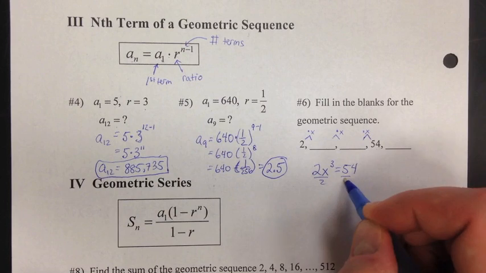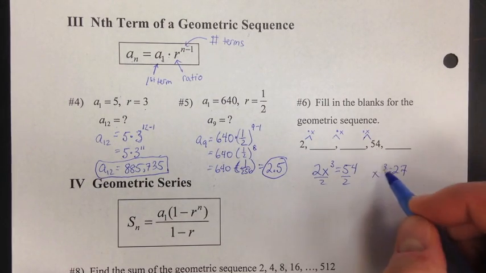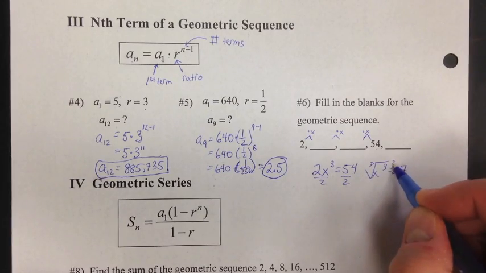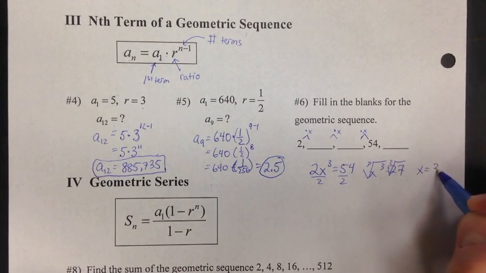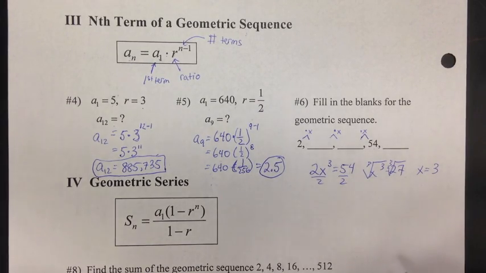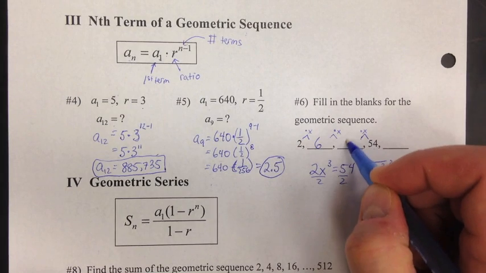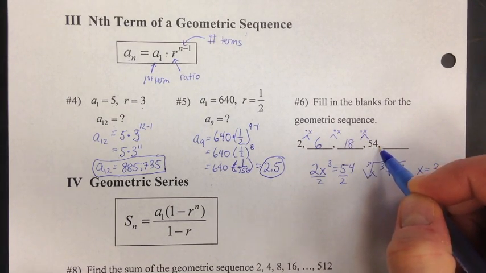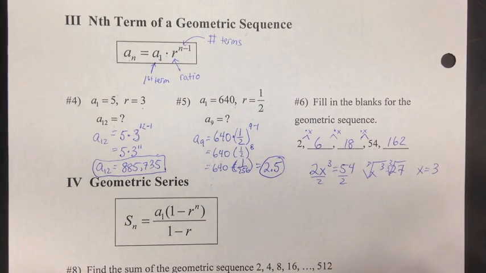Divide by 2, we get x to the third equals 27. Take the cube root of both sides. To solve that, we get x is 3. That would be your ratio. So we're going to multiply by 3. 2 times 3 is 6, times 3 is 18, times 3 is 54, times 3 is 162. Okay, and that is your answer to that.